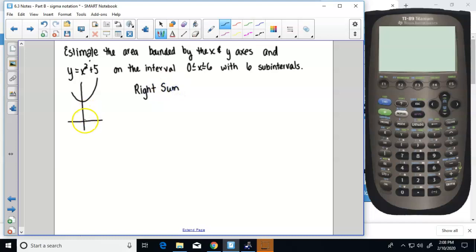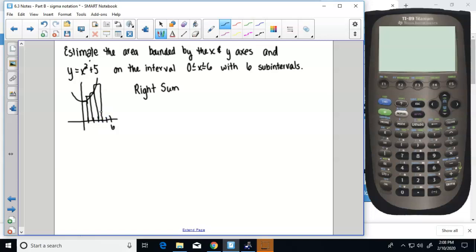Okay. So we would split this, 1, 2, 3, 4, 5, 6, we would split this into 6 categories, and we would have the rectangles that look like this. And I can't draw a whole picture because it didn't really make a lot of room there.